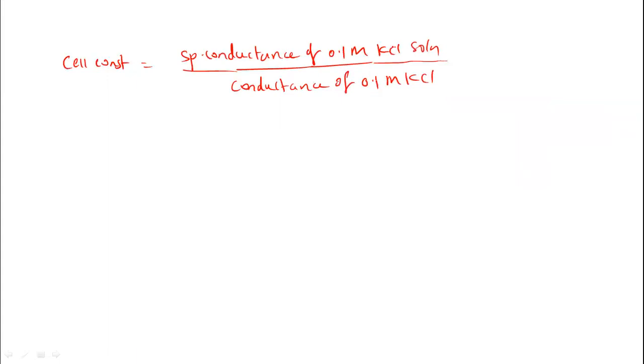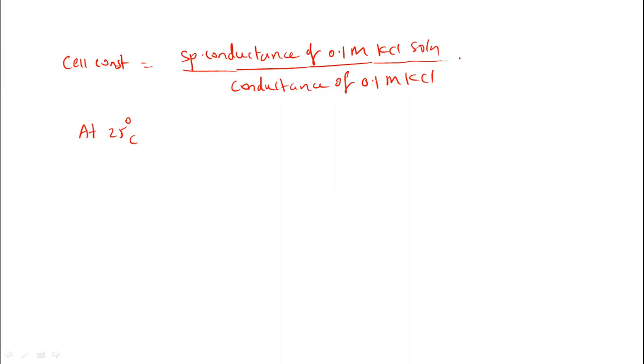This specific conductance is given at a particular temperature. Suppose that temperature is 25 degrees centigrade. If a higher temperature is there, then this value will change.